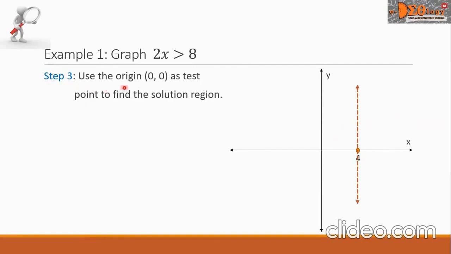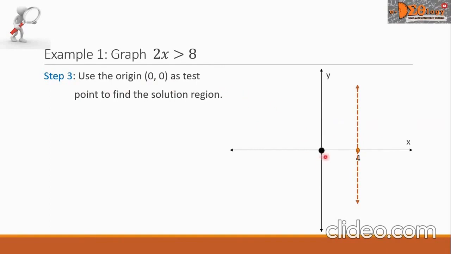Use the origin, (0, 0), as test point to find the solution region. It means to say, since we have two regions here, one of these regions will be the solution region. That's why we need to use a test point.